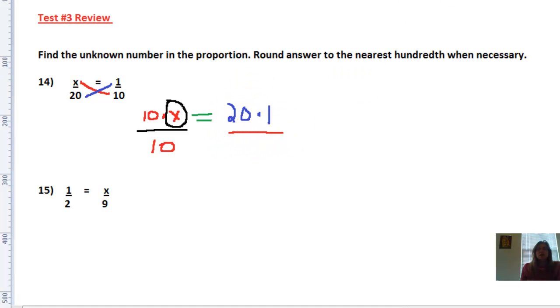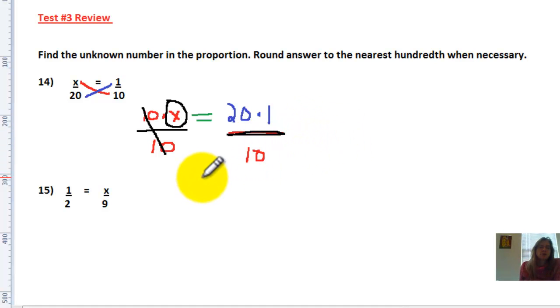And that is a rule for algebra. So if you're dividing by 10 on this side, you have to divide by 10 on this side. And what that does is it cancels out the 10 here, and then you have just x equal to 20 times 1 over 10, and that solves for the x.